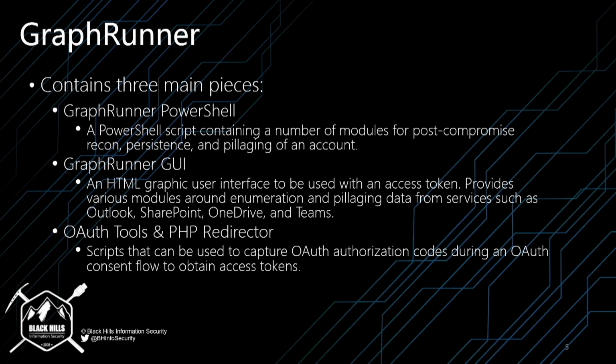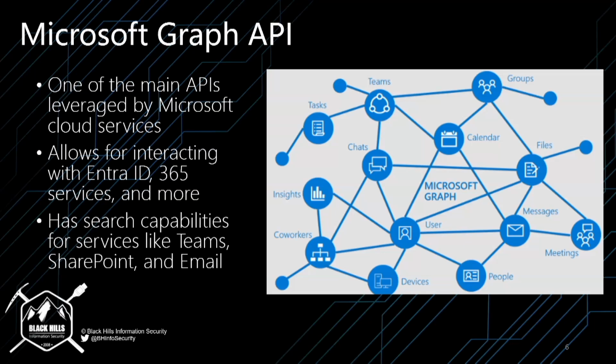So the primary functions and the usability is in the PowerShell script itself. It also has a little GUI, which I'll show you. And then finally, it has a set of OAuth tools to help you complete the OAuth flow in an automated fashion when you phish somebody with something like an illicit consent grant attack.